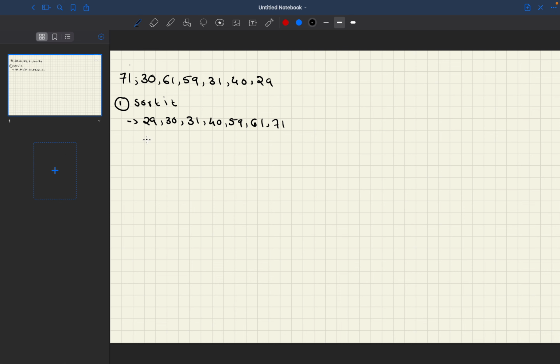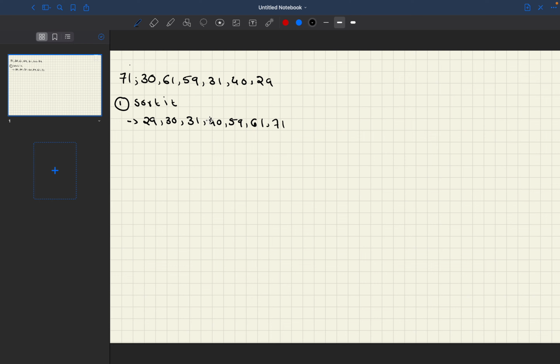Now just count the number of items in the data set. 1, 2, 3, 4, 5, 6, 7. There are 7 items, so we need to find the middle of this data set.